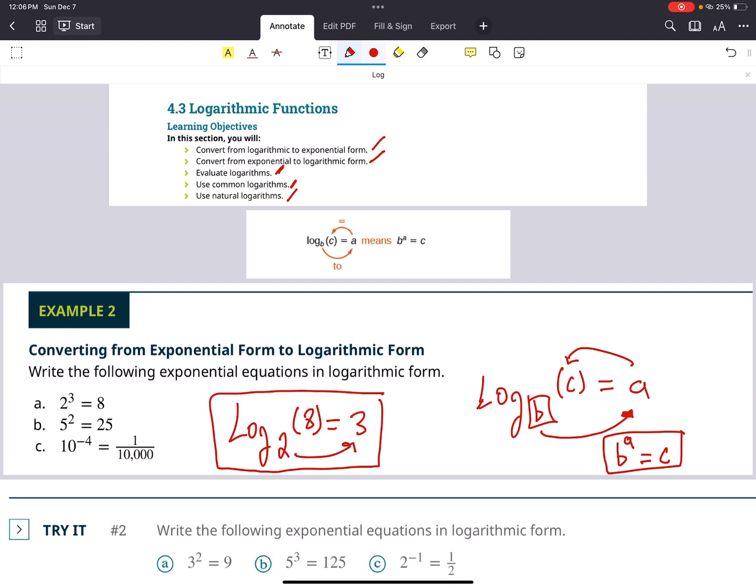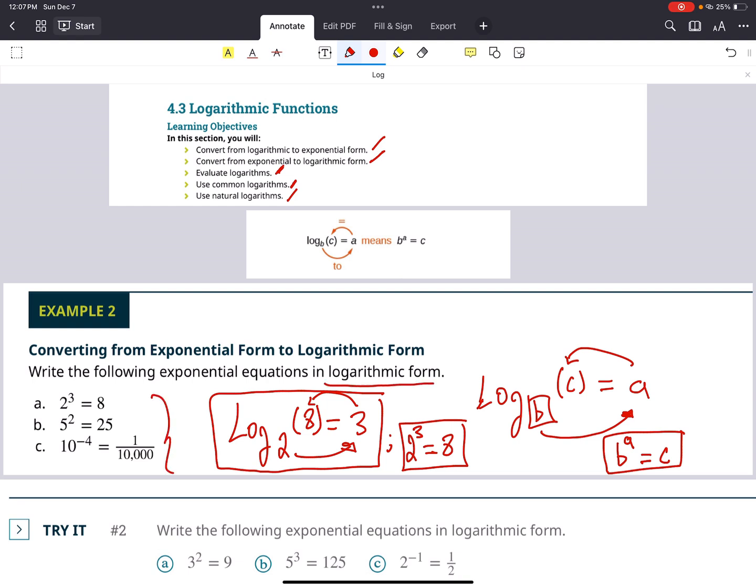Now 2 raised to the power of 3 is in fact equal to what's inside the parentheses, which equals 8.